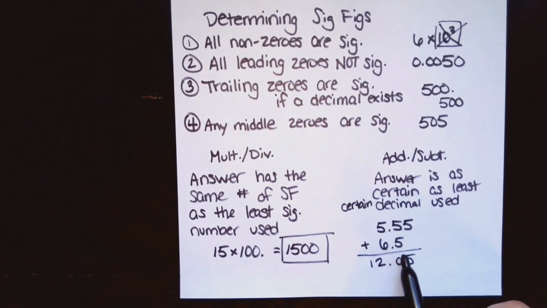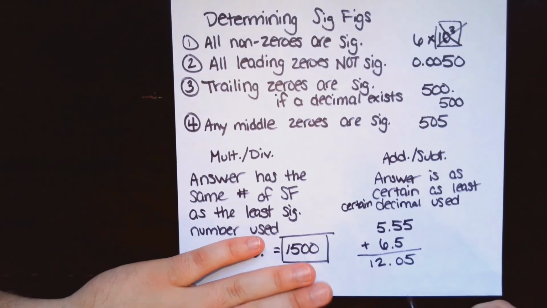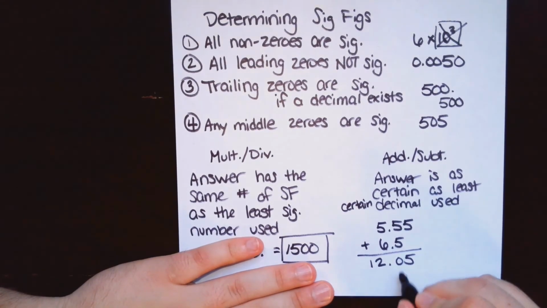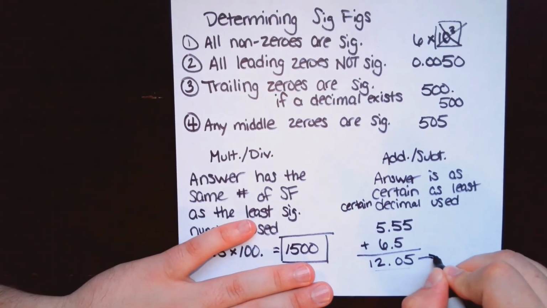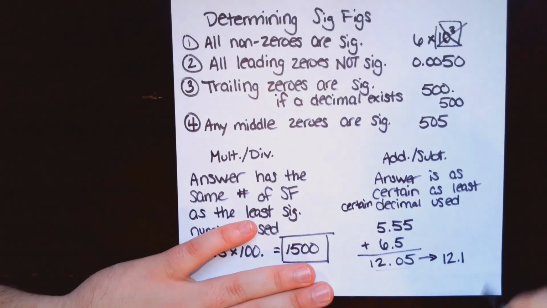That means the least certain decimal used is the one that goes the least distance past the decimal. So the tenths place here is going to be your least certain, because that's less certain than a hundredths place. So your answer can only go to the tenths place, whatever your least certain decimal place is out of all of the numbers you use. So we have to round this to the tenths place, so we would round it to 12.1.